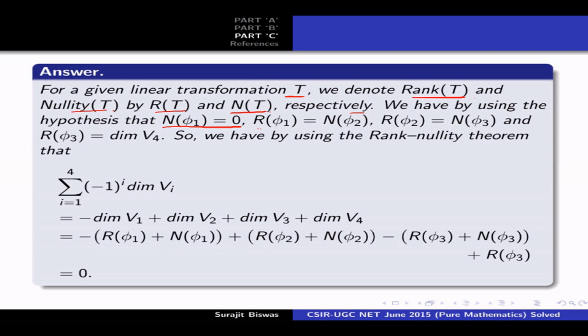Respectively we have, by using the hypothesis that n of phi1 equal to 0, r phi1 equal to n phi2, r phi2 equal to n phi3 and r phi3 equal to dimension V4.